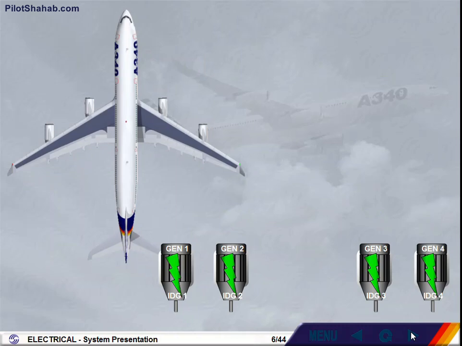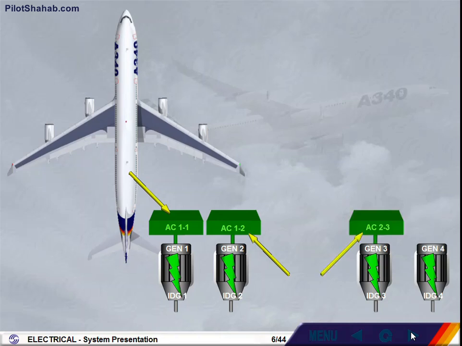Each generator supplies alternating current, AC, to its own bus. Generator 1 to AC bus 1-1, Generator 2 to AC bus 1-2, Generator 3 to AC bus 2-3, Generator 4 to AC bus 2-4.